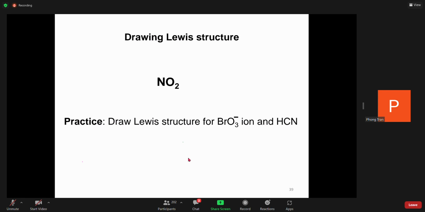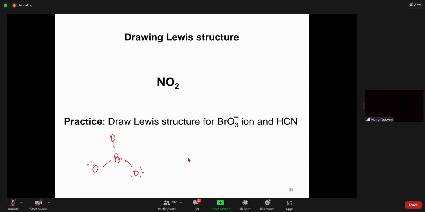Let's say you can put this kind of structure, like bromide and oxygen like this. And then you will have also another potential structure like this one.